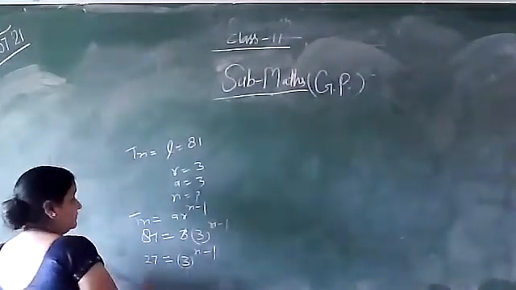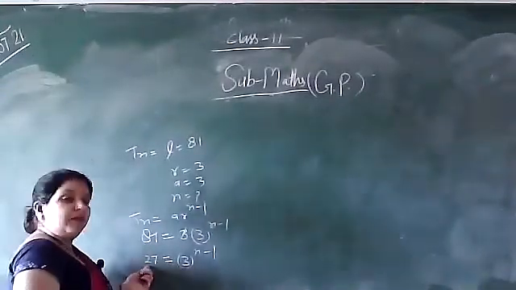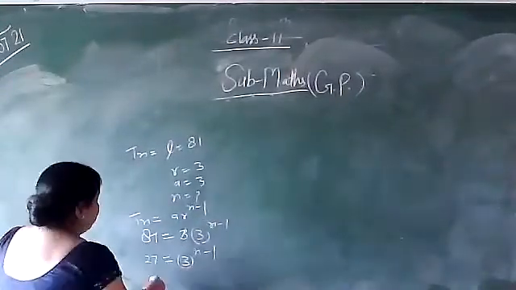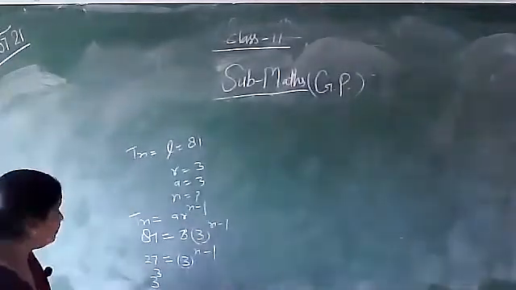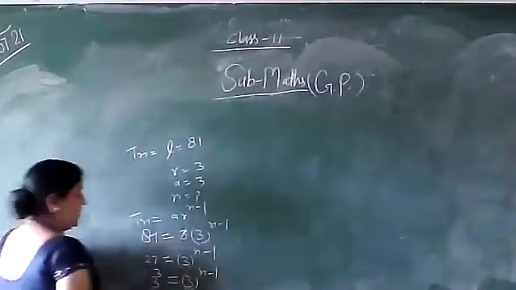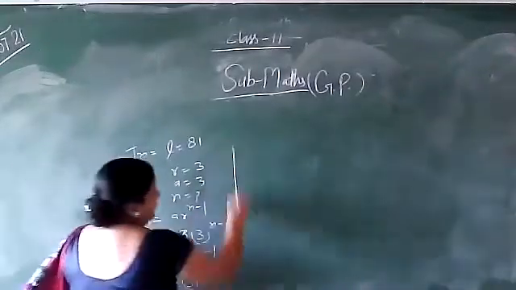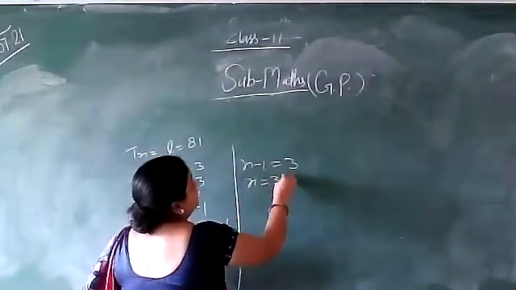Here we saw this is a 27 and this is a 3. So first we make powers of 3. Now we compare, we saw n minus 1 equal to 3, n equal to 3 plus 1.